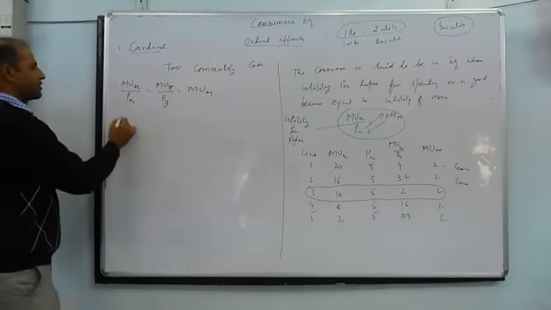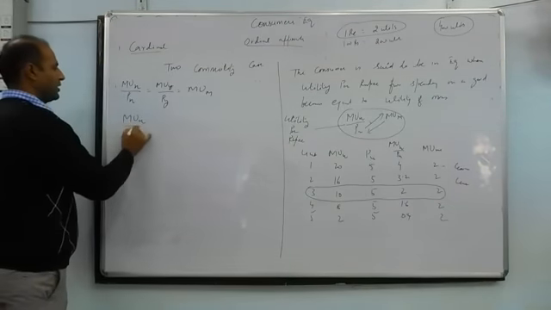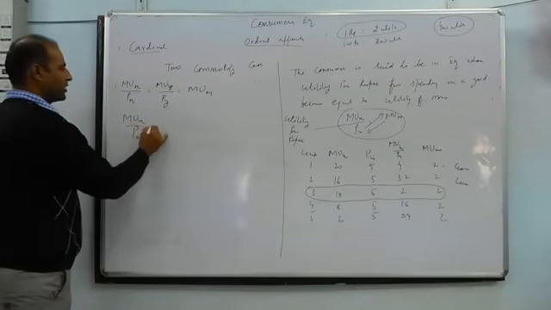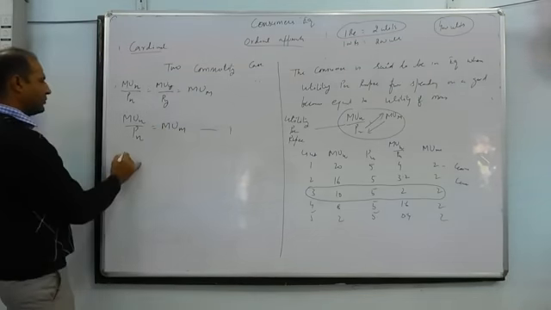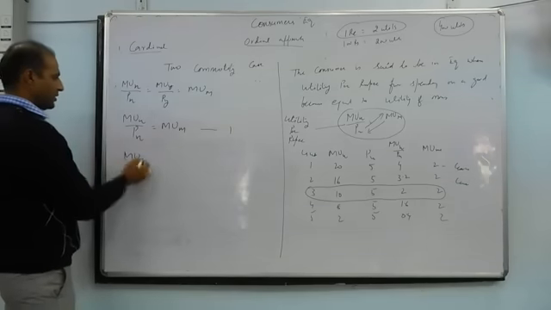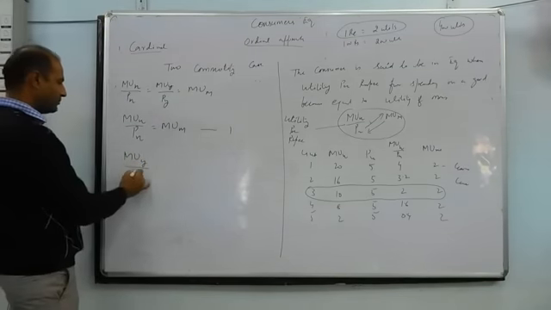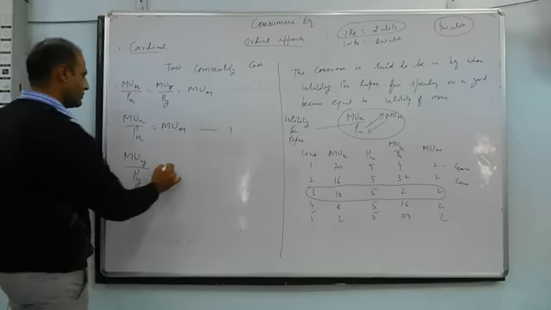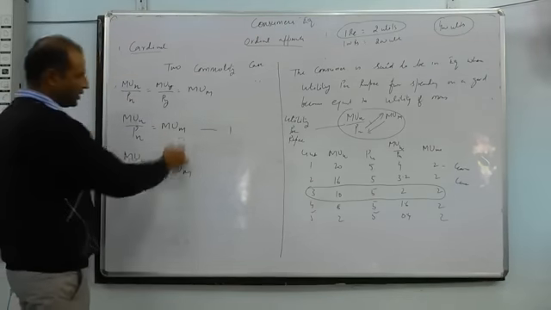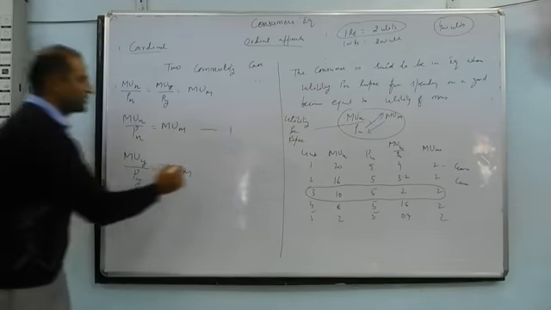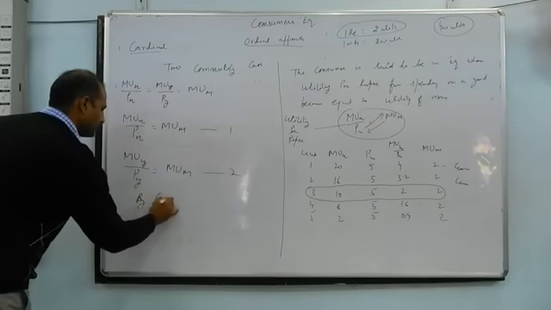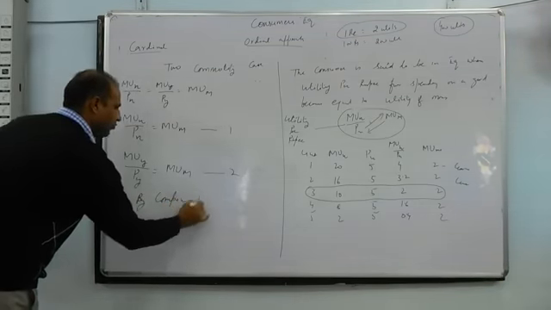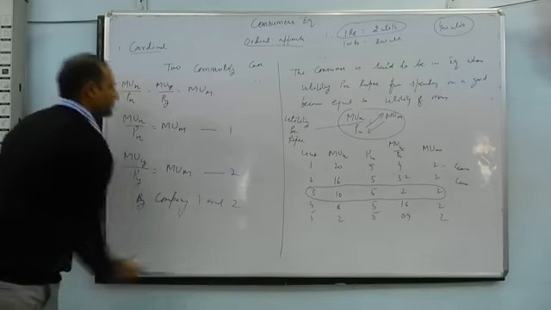Okay, good X के केस में जो कंज्यूमर इक्विलिब्रियम में है उसकी कंडीशन है MUX upon PX is equal to MUM. Good Y के केस में marginal utility of good Y upon price of good Y is equal to MUM. Utility of money is constant for the same consumer. By comparing 1 and 2, we'll get this.